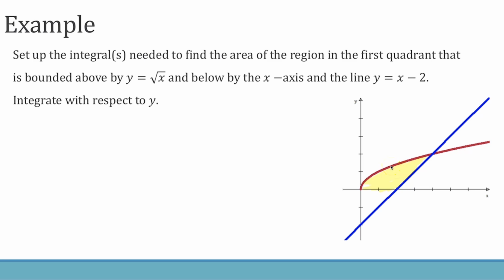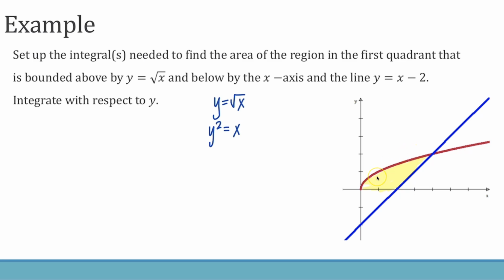Now, the issue is that the functions here are presented as functions of x: y equals the square root of x and y equals x minus 2. So it is going to take a little bit more effort to rewrite these as functions of y. If I have y equals the square root of x, if I solve for x, I get x equals y squared.